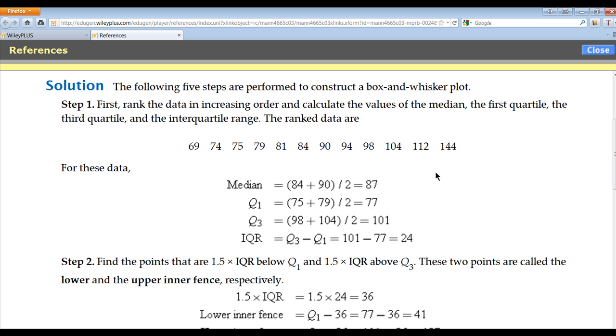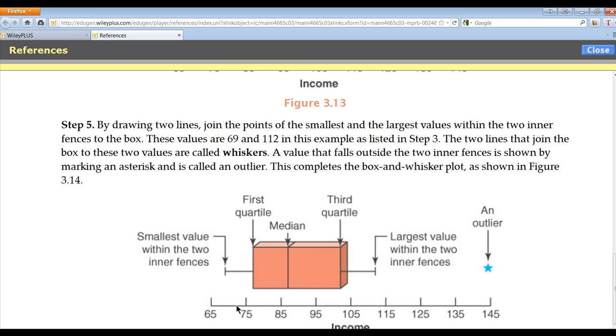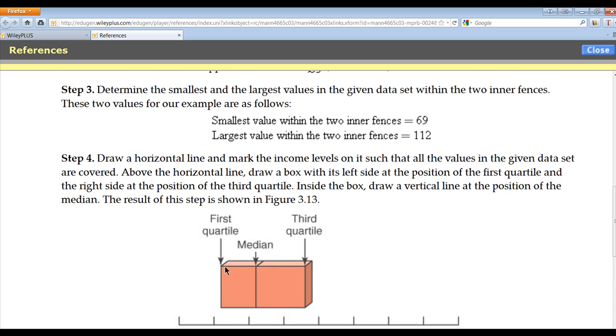The smallest one between 41 and 137 is 69, and the largest one is 112. 69 and 112. Draw a horizontal line and mark the income levels on it. Do this. And this is where the lower whisker is, 69.